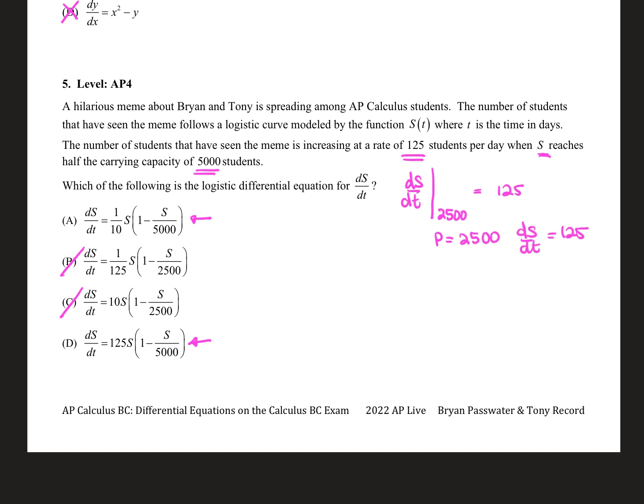So looking at the first one, is 125 equal to 1/10 times 2,500 times 1 minus a half? Looking at that, that's going to be 250 times a half, which is exactly that.